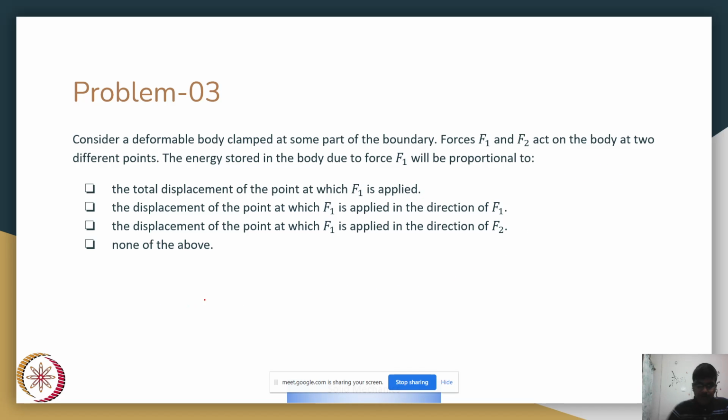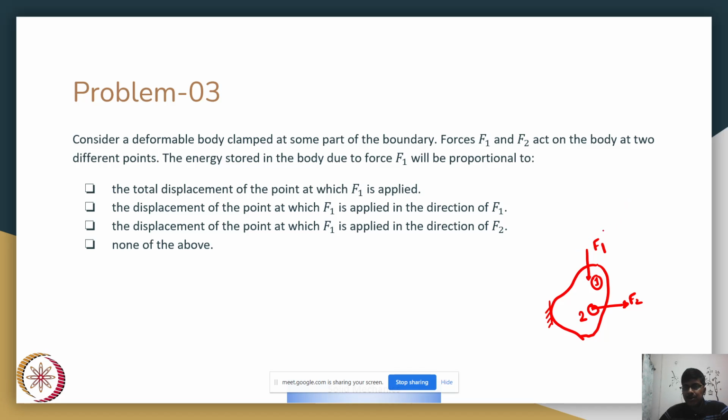So draw a deformable body, just say clamped at the left end like this, and you have got a force F1. Label this point as 1. So you have got force F1 acting here and force F2 acting on this point, which is point number 2. And we are asked what is the energy stored in the body due to force F1.